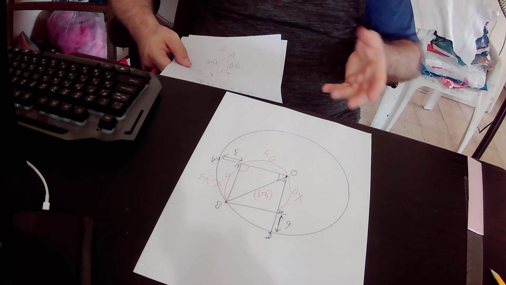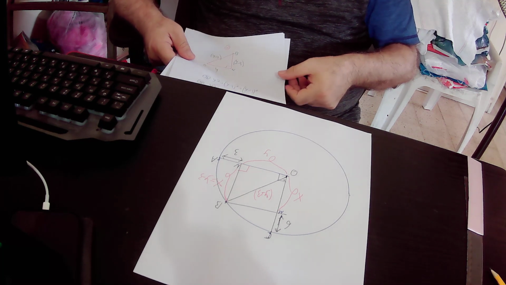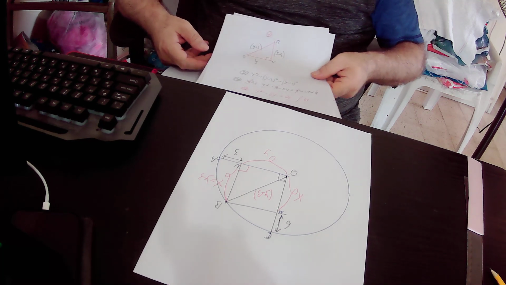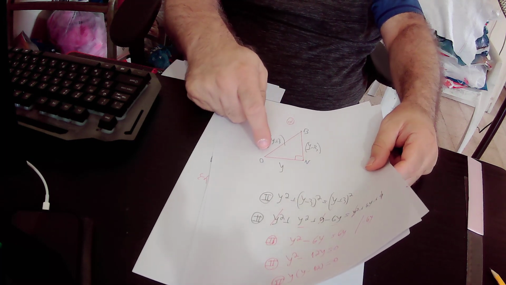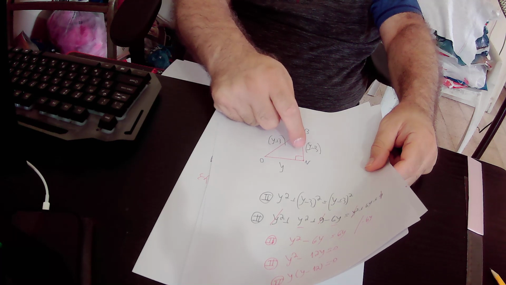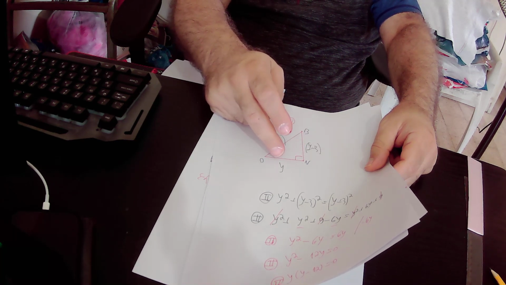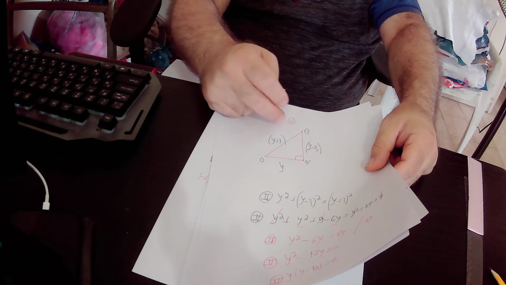So actually we know that in the right triangle NBO, the size of the hypotenuse is y plus 3, the size of the perpendicular is y minus 3, and the size of the other perpendicular equals to y.